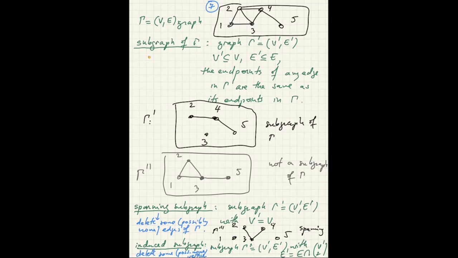So for example, if I look at 1, 2, 3, this is not induced because this edge 1, 3 is not in it, so it is not an induced subgraph of this one.